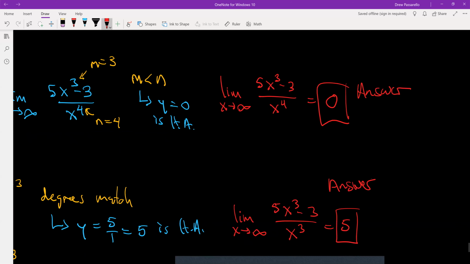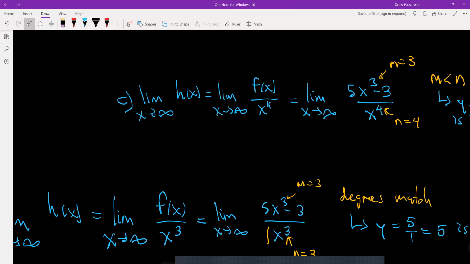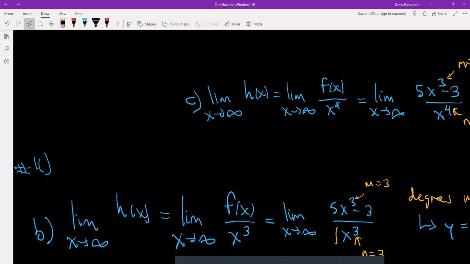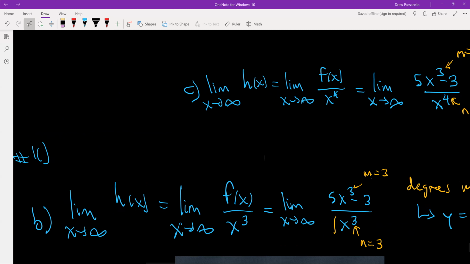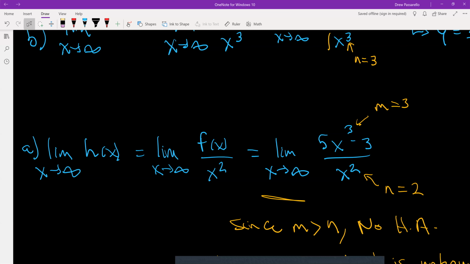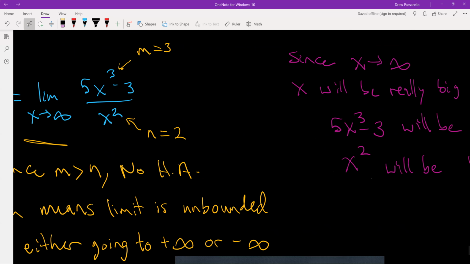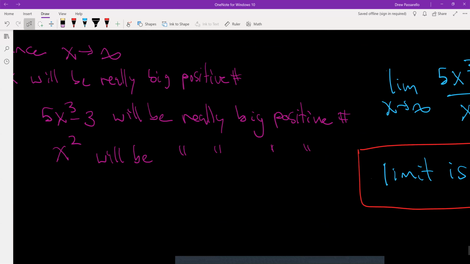All right, so that shows you the different scenarios. Again, part A, we had the numerator having a bigger degree than the denominator, so that gave us an unbounded behavior to the graph, which gave us no horizontal asymptote, and then we deduced that it had to be positive infinity.